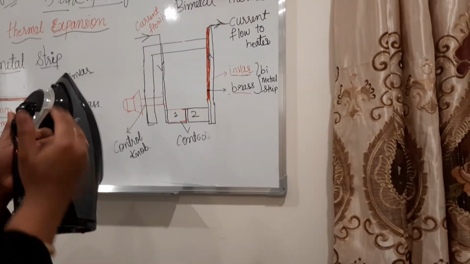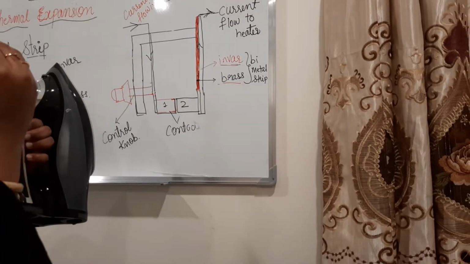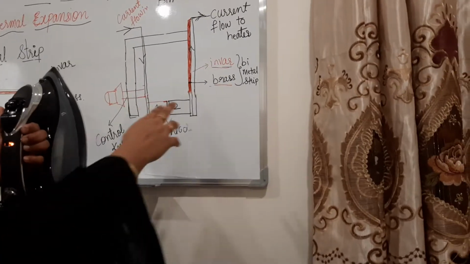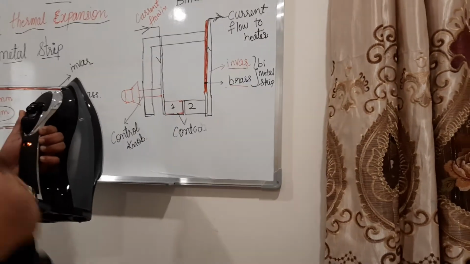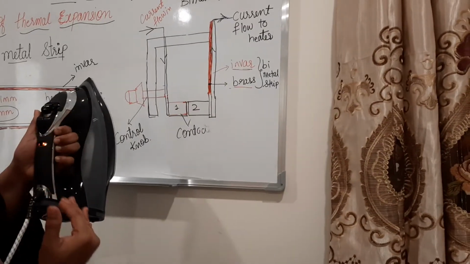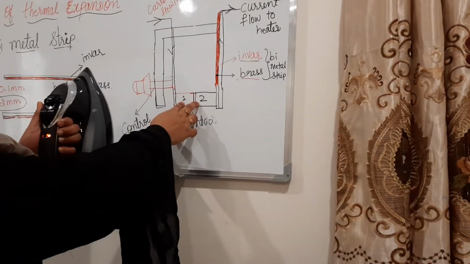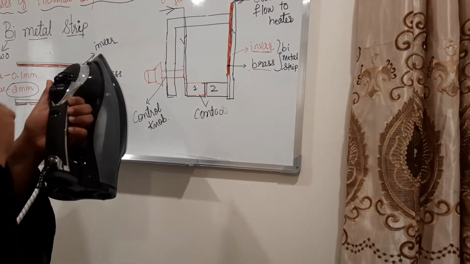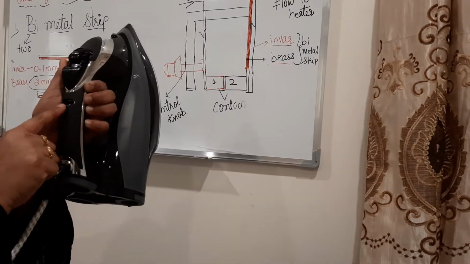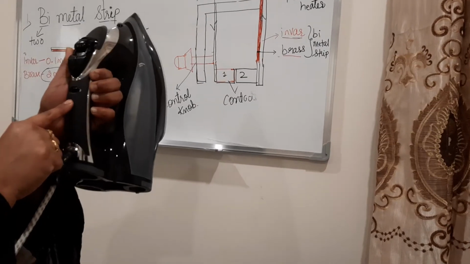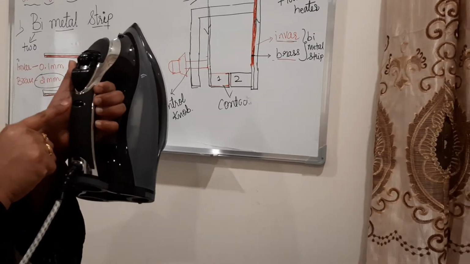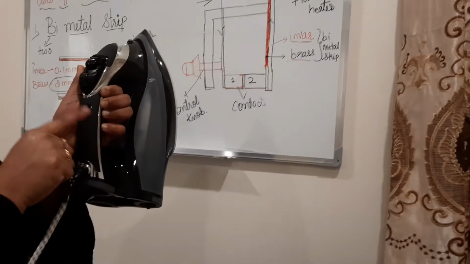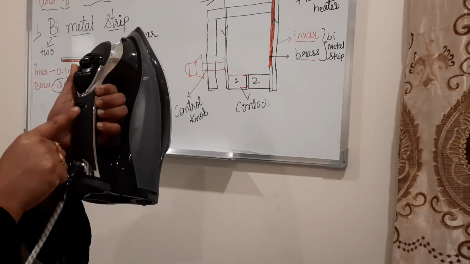Once again when the temperature goes down, the bimetallic strip will straighten, regain its original size, the contact will close and the current flows normally. See here, the iron has reached its maximum temperature, so automatically the light has turned off, meaning the supply of current has been turned off.